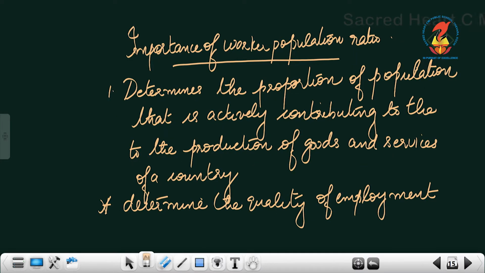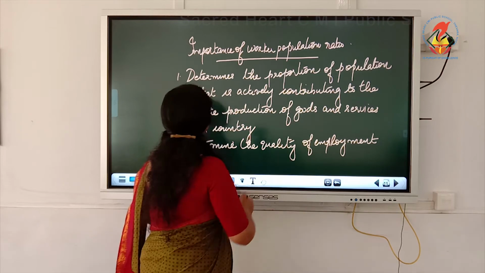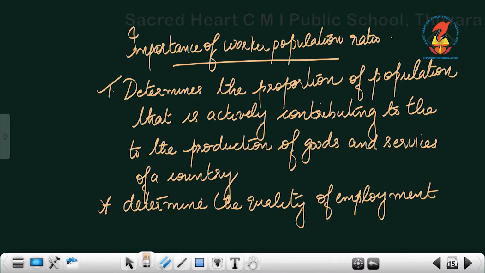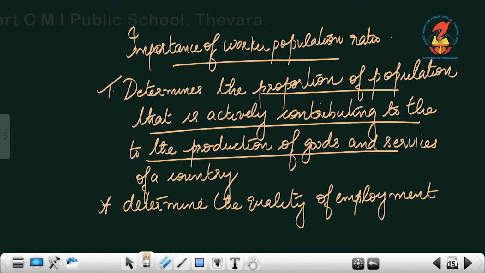Now, why do we find out the worker population ratio? What is the importance of finding the worker population ratio? Let us discuss it one by one. It determines the proportion of population that is actively contributing to the production of goods and services of a country.